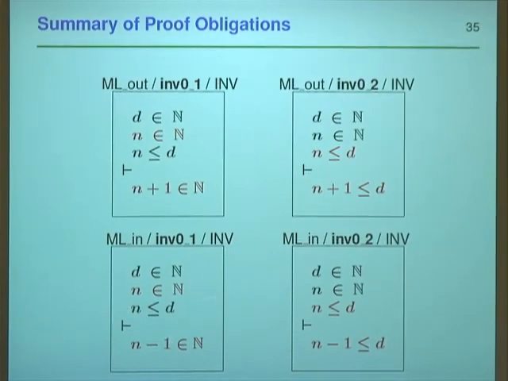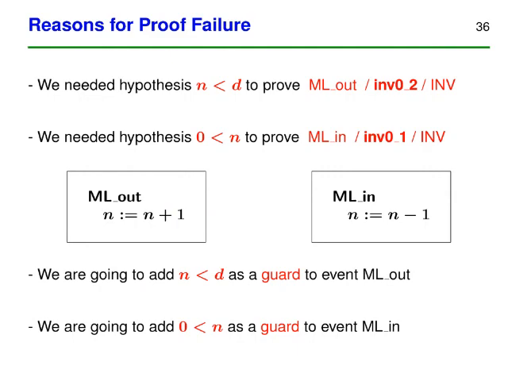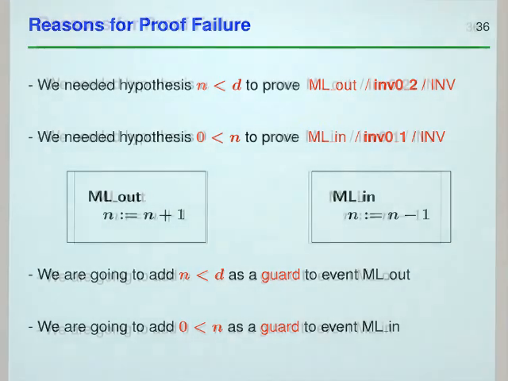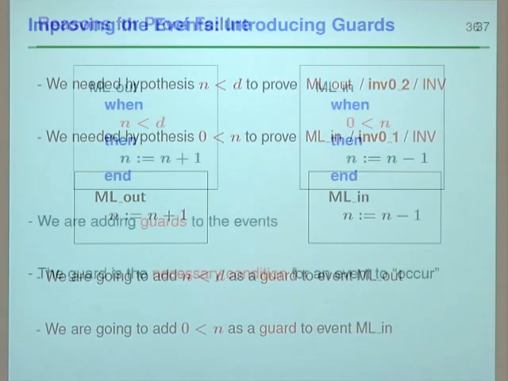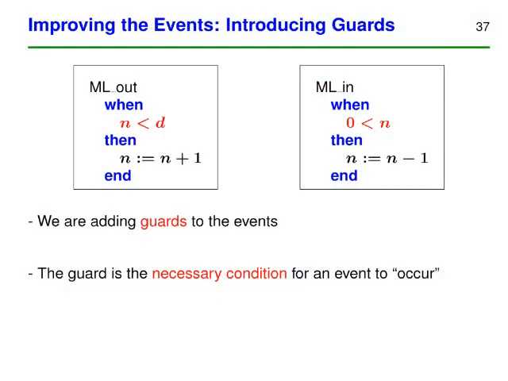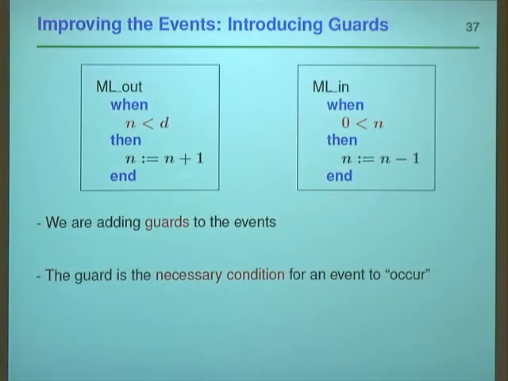So there are clearly 2 assumptions that are missing. Let's add them to the events. We transform the events by adding guards to them, here for this one and here for this one.